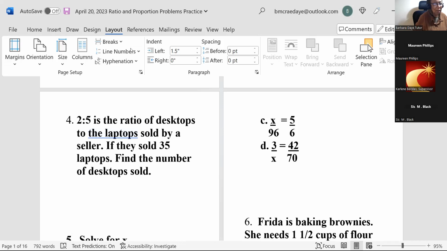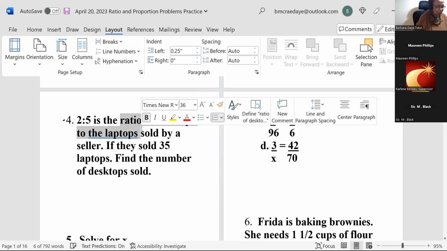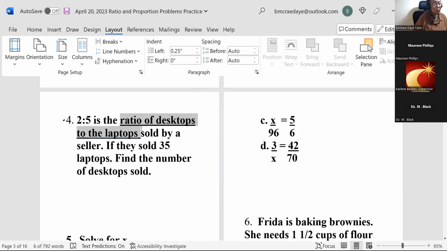You've got the 2 to 5, and you've got 35 laptops. Remember this ratio and make sure you put them in order: desktops to laptops, not the other way around. So 2 to 5 desktops, laptops, and you've got 35 laptops. How many desktops were sold if you sold 35 laptops? I want you to solve that and tell me your answer.